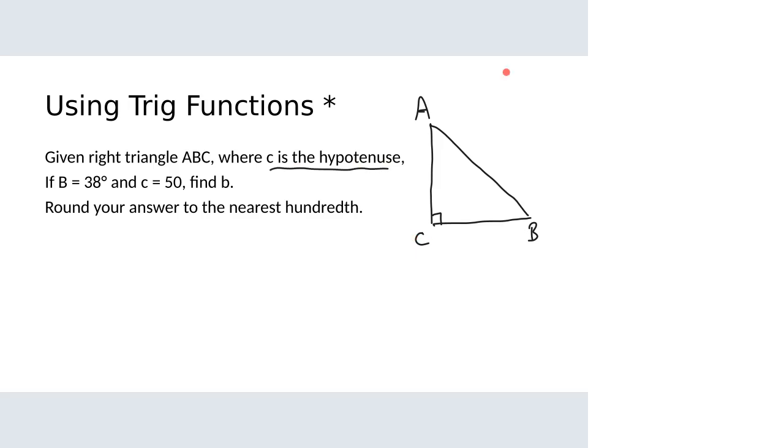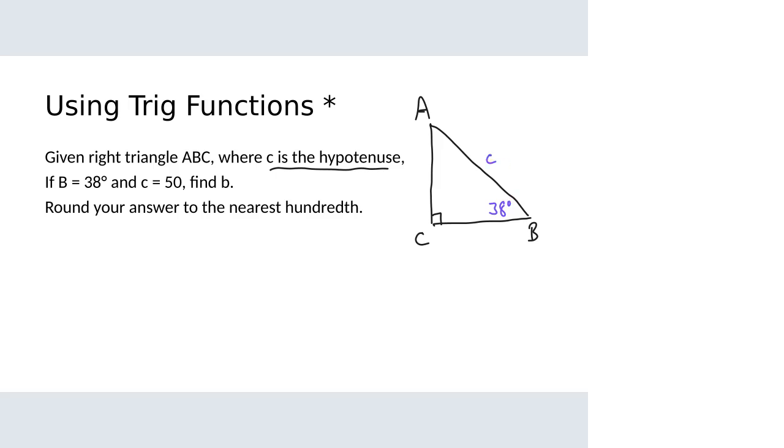So absolutely, without a doubt, we know little c has to be the hypotenuse, and capital C has to be the angle that's the 90-degree angle. We're told angle B is 38 degrees, so we have a 38-degree angle down here. And we're told that c over here has a length of 50.